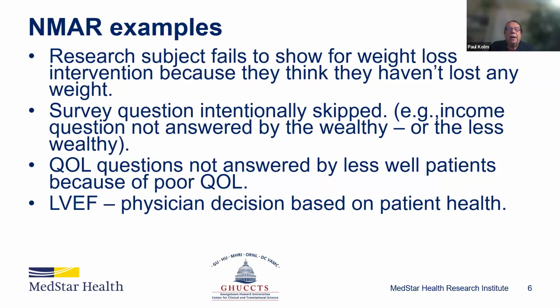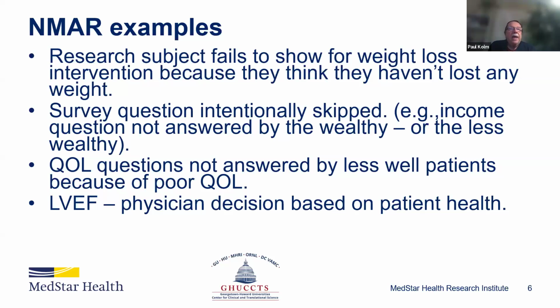It's not answered by the wealthy or the less wealthy. And sometimes race is not filled out or indicated because the person chooses not to do that. That might be related to the outcome.